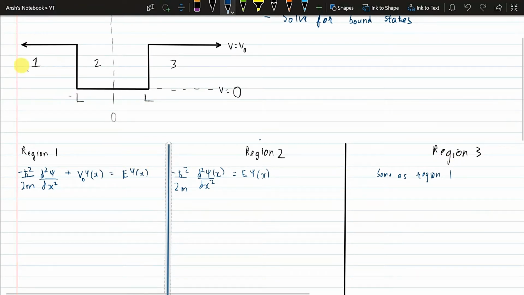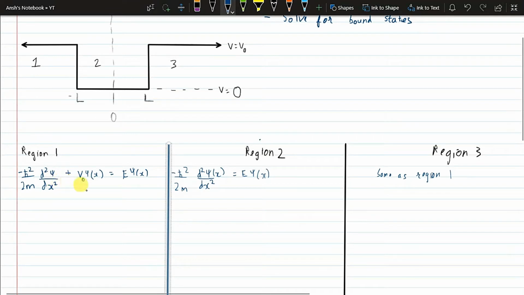For the first region right here, I've written down the Schrodinger equation. Again, if you don't know how to write this down for a given potential, I would recommend going to the infinite potential video. But if you know, then we've written down the Schrodinger equation right here for a potential V naught, as region 1 exists in a region which has potential V naught.